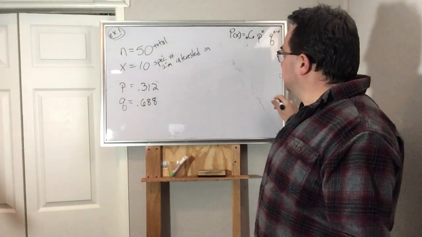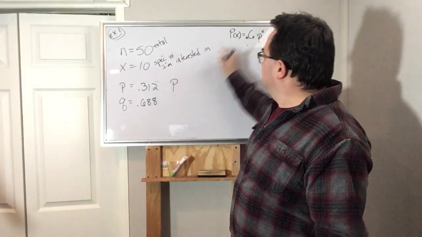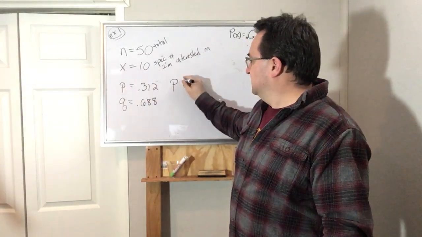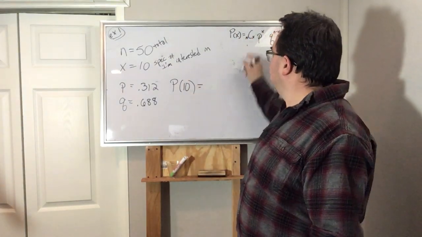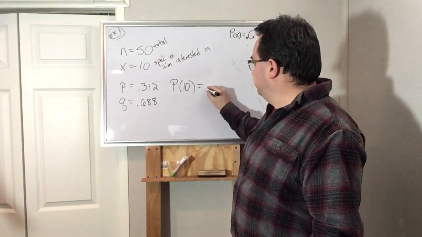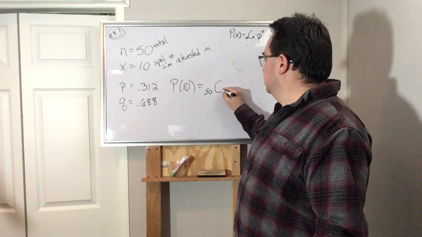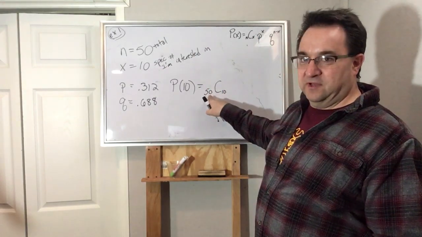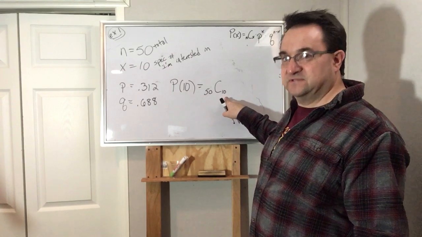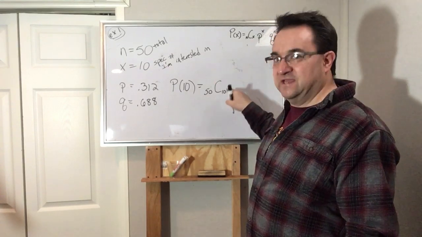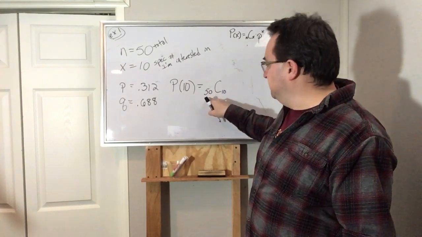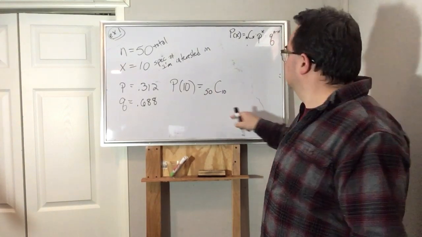Let's see how this plays out. So the probability that X, that 10 people like blue, would be 50C10. That's how many people I asked. That's how many people I'm curious about. I want 10 people to say they like blue. 50 people asked, 10 people like blue.